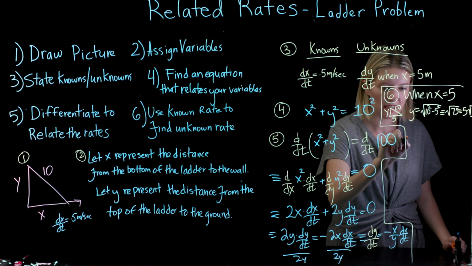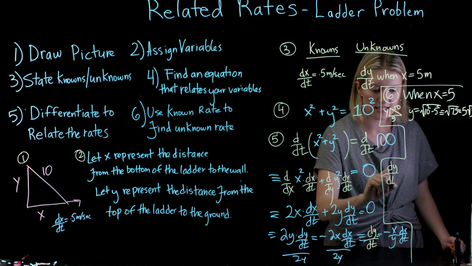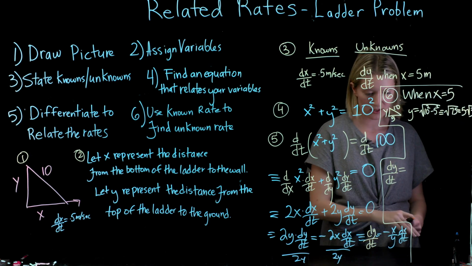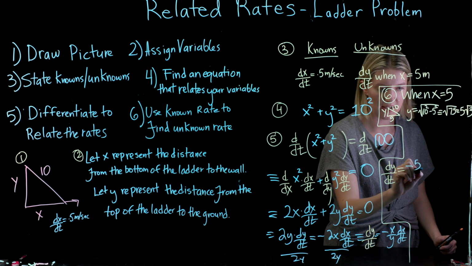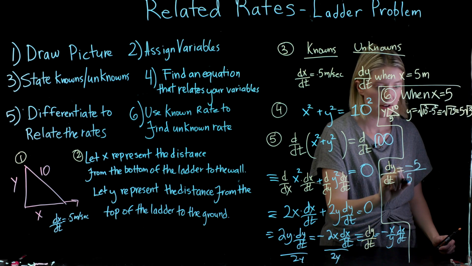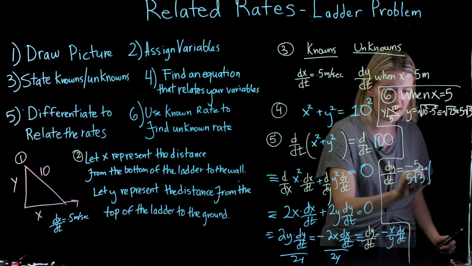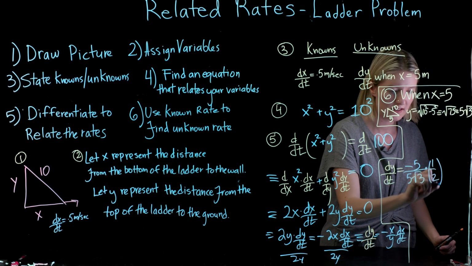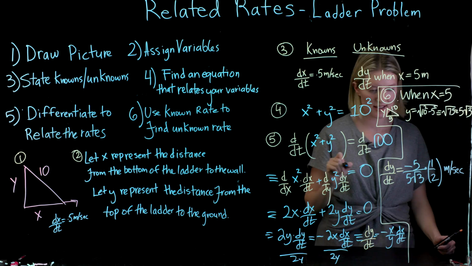So now that I'm plugging in all of my pieces, I have dy dt is equivalent to negative 5 over 5 root 3 times 1/2 meters per second.